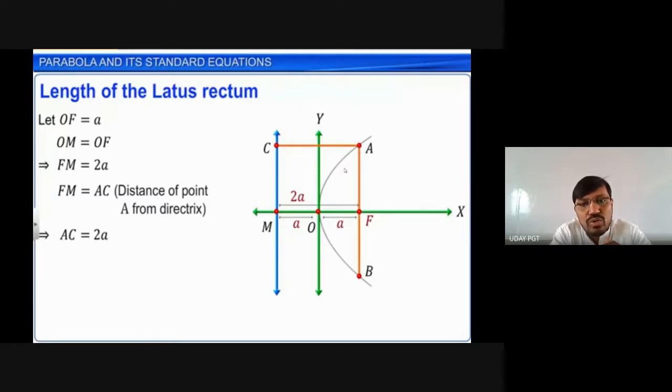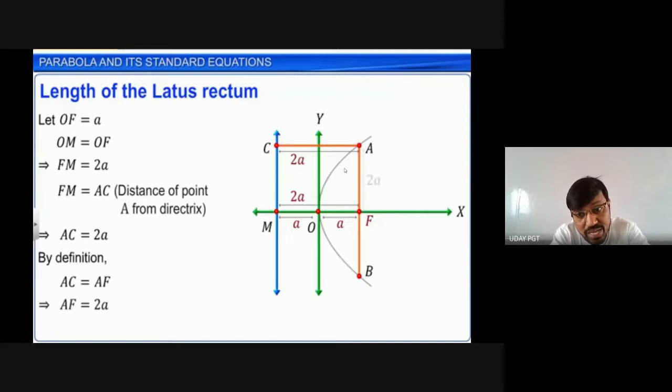The distance from A to the perpendicular line, the directrix, should be the same. So AC distance is 2a, and AF distance we also get as 2a. As per the definition, AC and AF are equal.